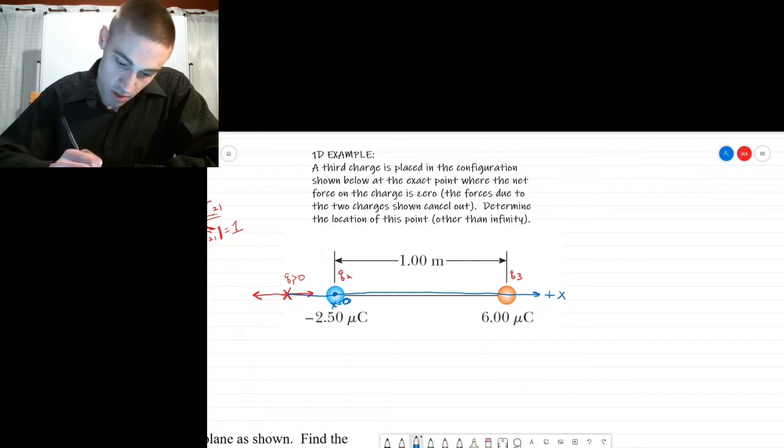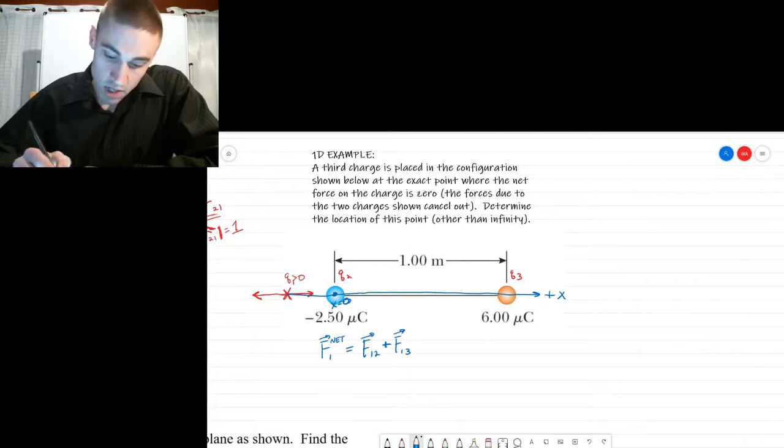Okay, so the net force on Q1 is going to be equal to the force on Q1 by Q2 plus the force on Q1 by Q3. So this is a nice one-dimensional problem, right?